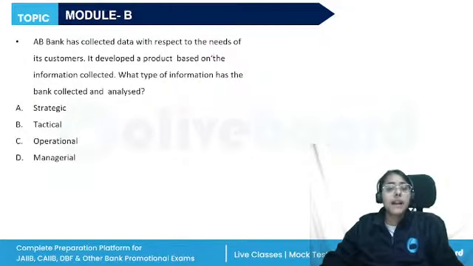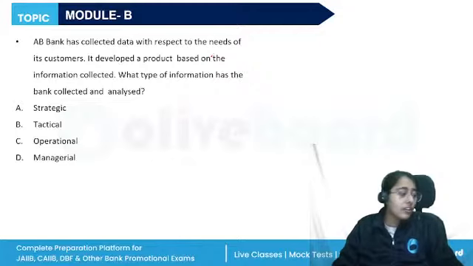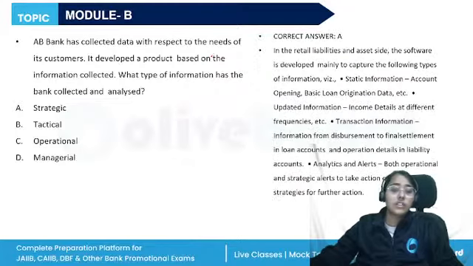Now, EB Bank has collected data with respect to the needs of its customers. This is a case study type question, and it has developed a product based on the information collected. What type of information has the bank collected and analyzed? There are four types of information that the banks collect from the market and the customers: strategic, tactical, operational, and managerial information. When we are talking about the needs of its customers, we are referring to the strategic information.